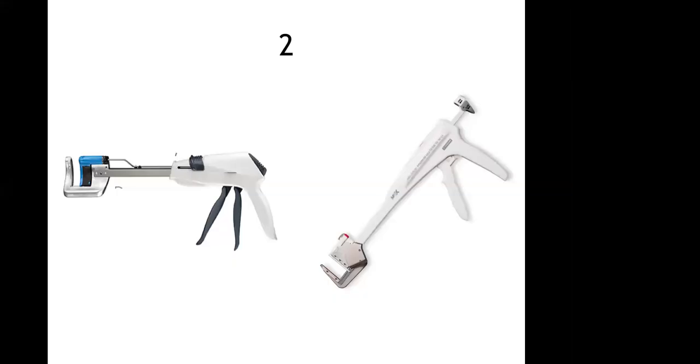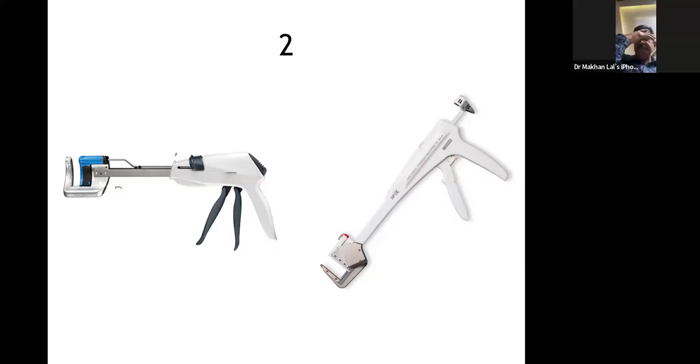So what will be the subsequent steps after you have applied this stapler for low anterior resection? What will you do? We will do the stapling and then cut the specimen, sir. Before you cut, what do you have to do?